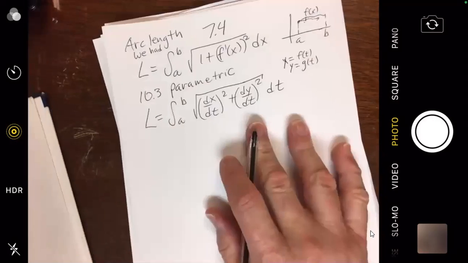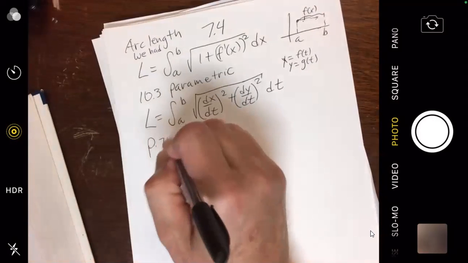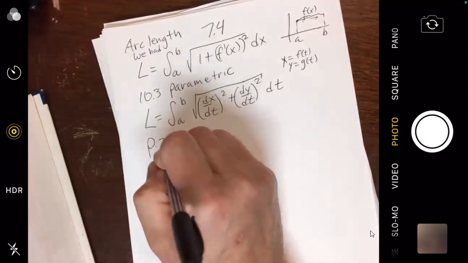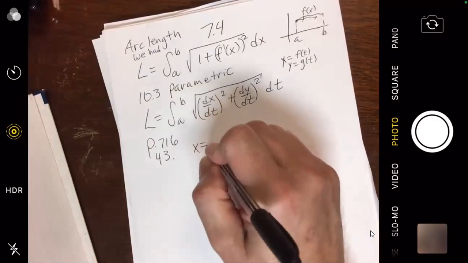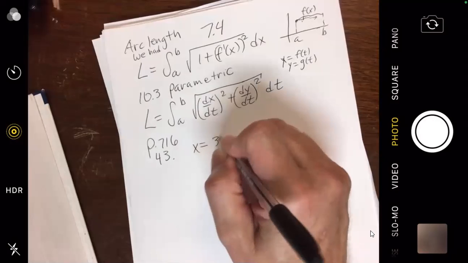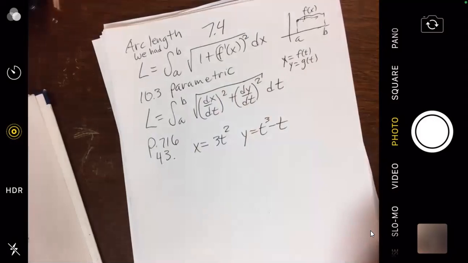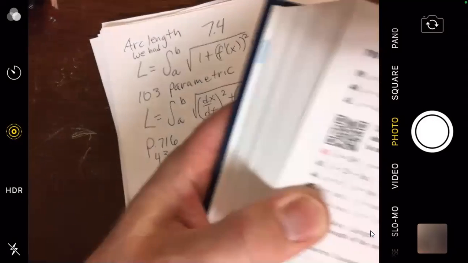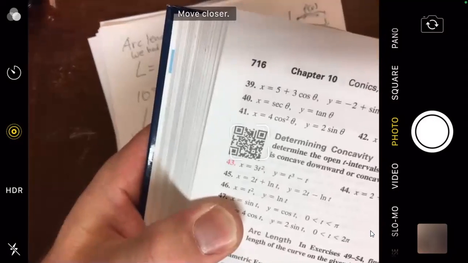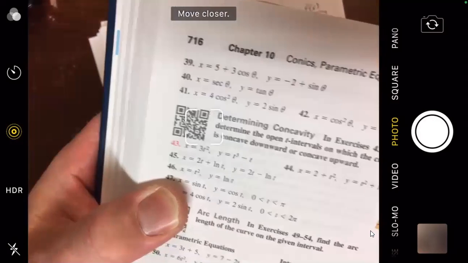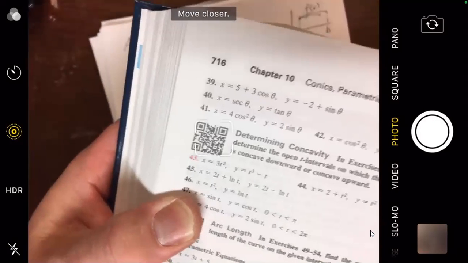Let's try 43, page 716. x is 3t squared, and y is t cubed minus t. So we're doing this right here. I'm sorry, I'm in the wrong section. That's the concavity section. It's 49.